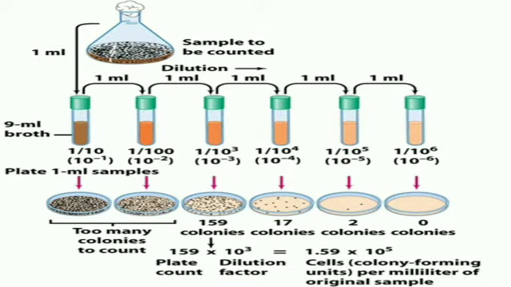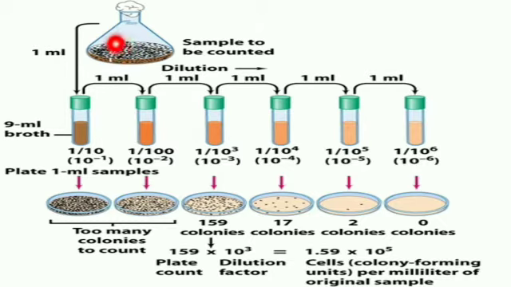This is how we do the serial dilution. First, you need to take a sample every half an hour or 1 hour from the growth medium, where bacteria is growing.